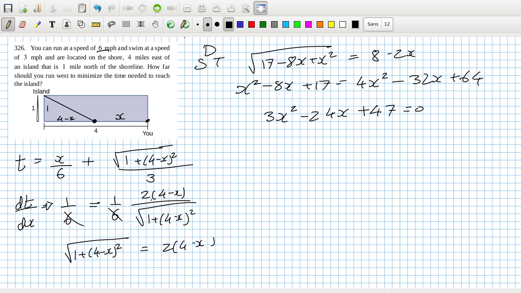17 minus 8x plus x squared. Yeah, that looks okay. 64, 4x squared minus 32x. That looks right as well. Maybe it is correct, which I'm not so happy about.